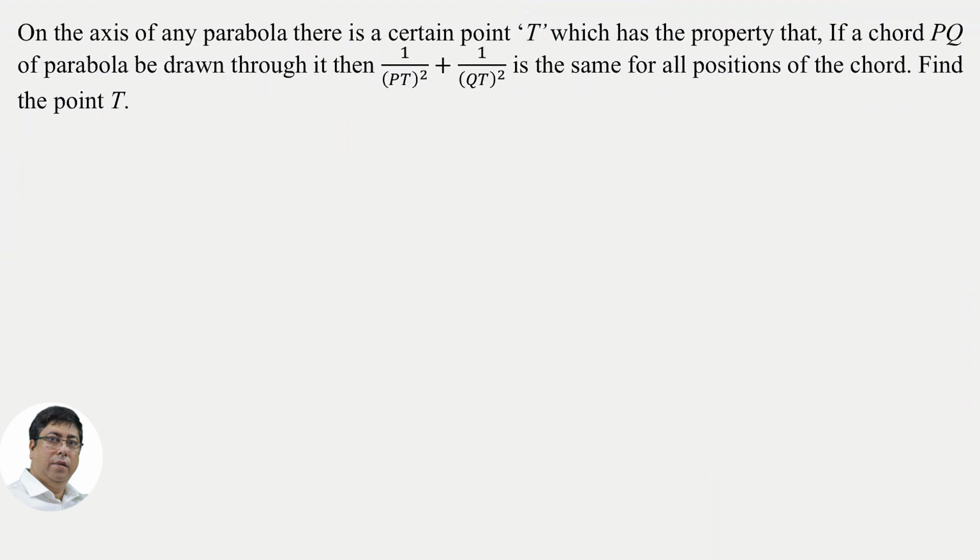On the axis of any parabola there is a certain point T which has the property that if a chord PQ of the parabola be drawn through it, then 1 by PT square plus 1 by QT square is the same for all positions of the chord. Find the point T. Let's draw one comfortable diagram.